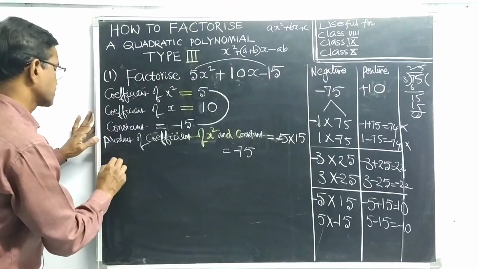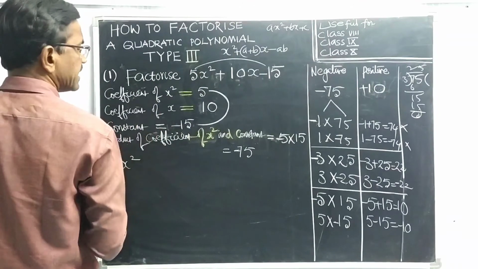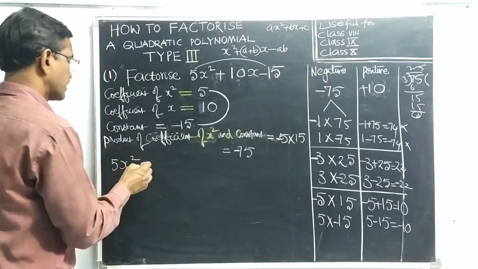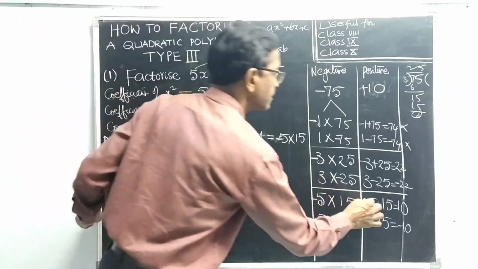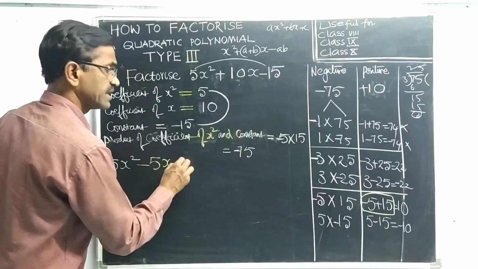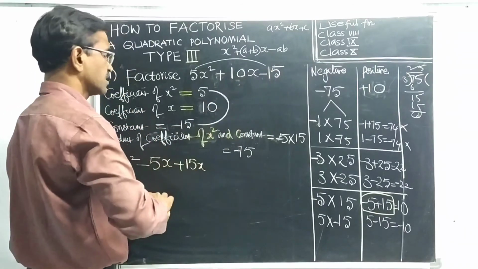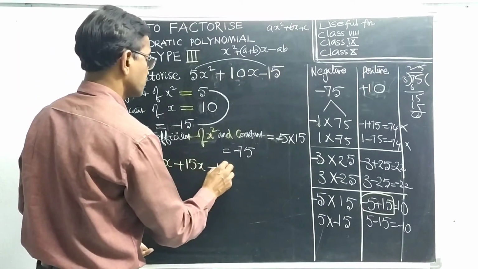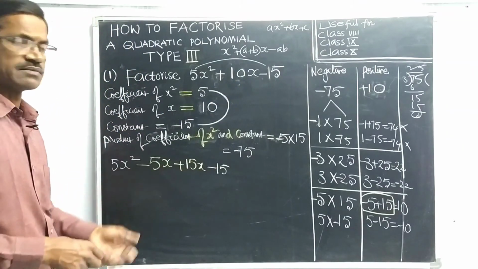So write 5x square as it is. Only you have to split the 10x; you have to write this one as minus 5x plus 15x and write the other number, the constant, as it is. Only we have to write the x term as a sum of two terms.